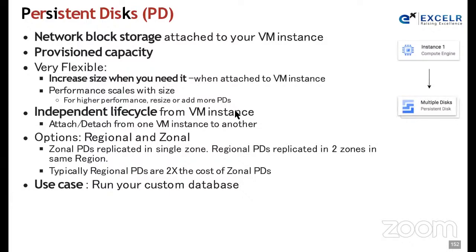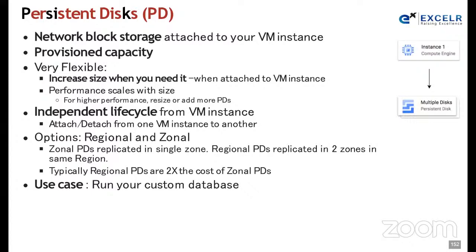Then we will move to the persistent disk. Persistent disk is networked block storage which can be attached to your virtual machine. It is very flexible, wherein you can change the size as you want. It can scale the performance as you increase the size.